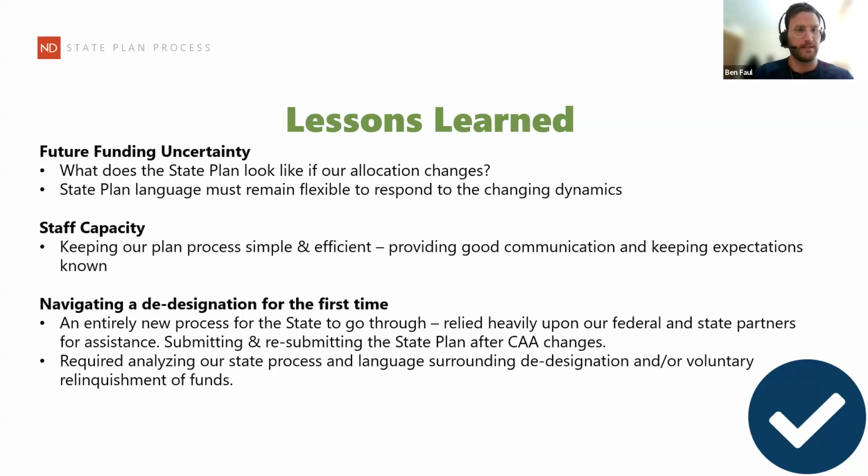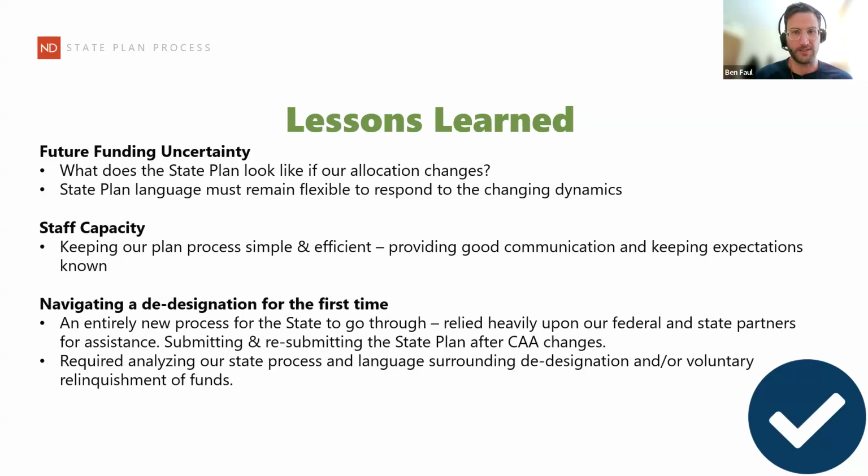And so this year, also a big lesson was we had to navigate a de-designation for the first time, and so this was a brand new process for me. I had some idea how to do it, but going into it heavily relying on our federal and state partners.